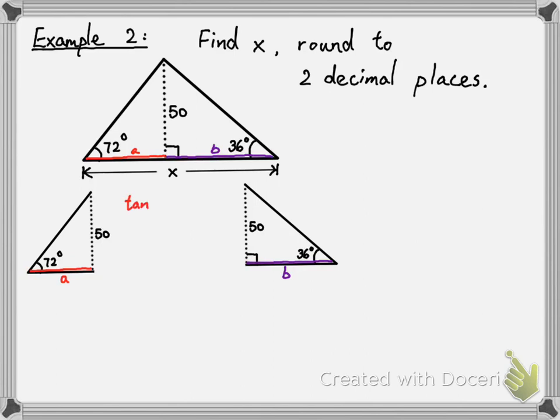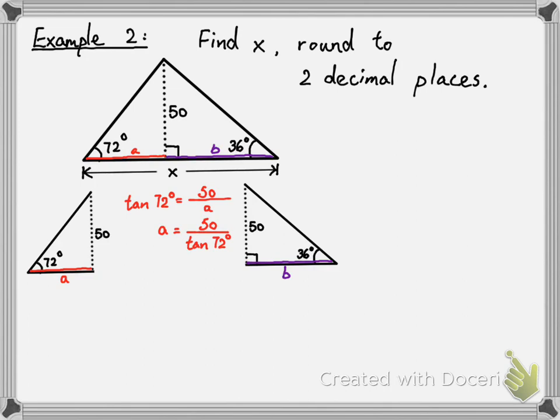Tangent of the angle 72 degrees equals opposite 50 over adjacent A. Now we multiply across to find A, which equals 50 over tangent 72 degrees.